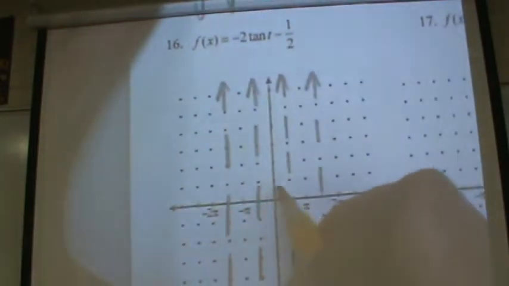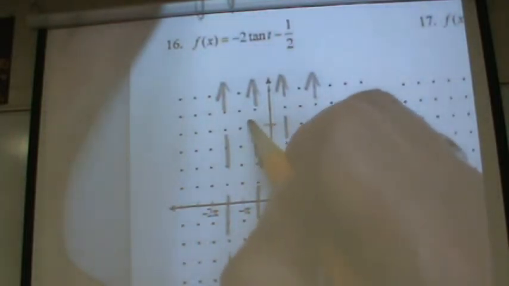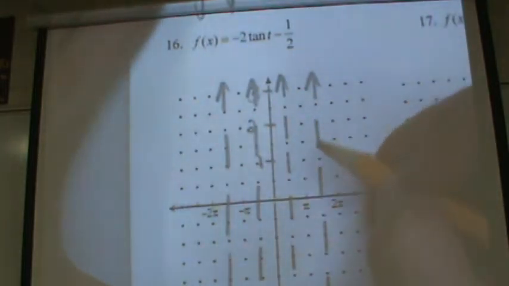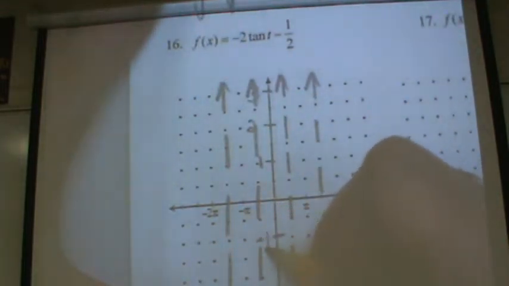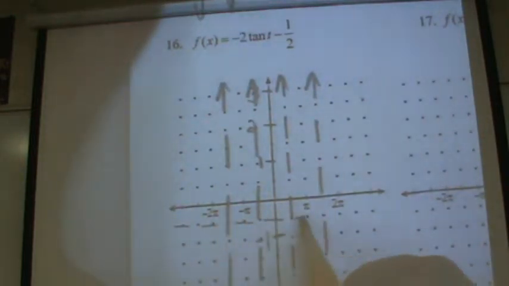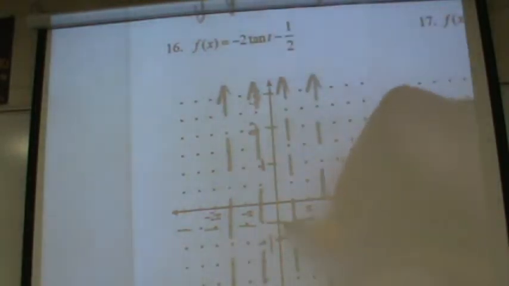Now, we're going to make these 1, 2, 3, -1, so -1/2 is right here. And it's a -2 tangent, so here are your zeros.